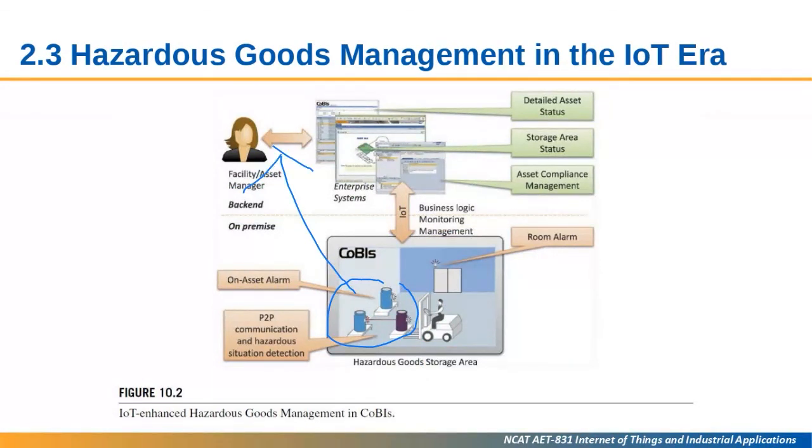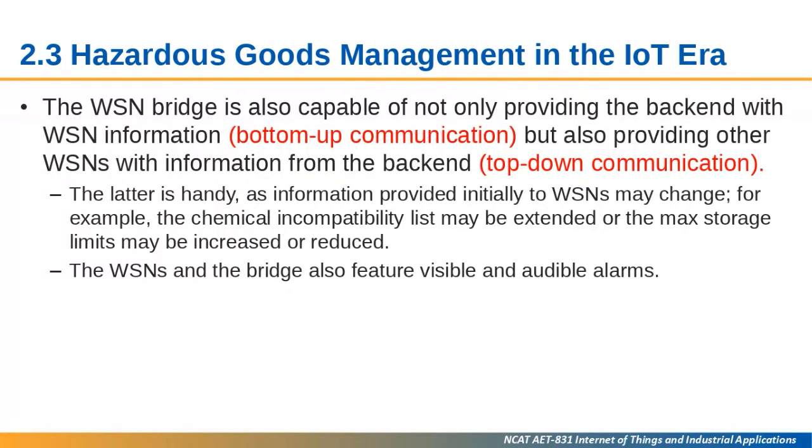On the other hand, the backend can also update, for example, the software or the firmware. For example, the chemical incompatibility list may be extended, or the mass storage limits may be increased or reduced.